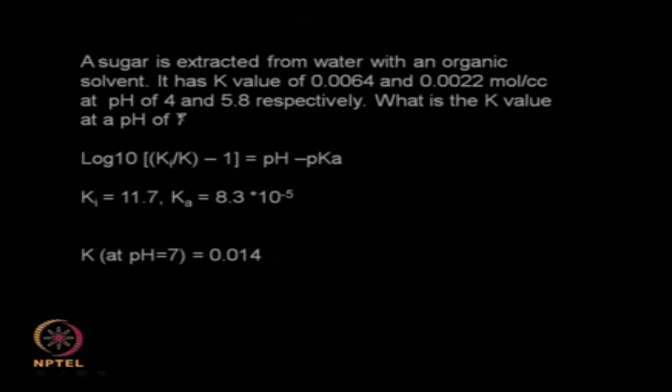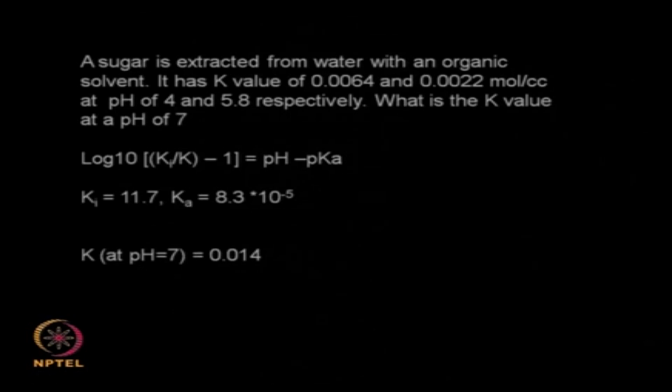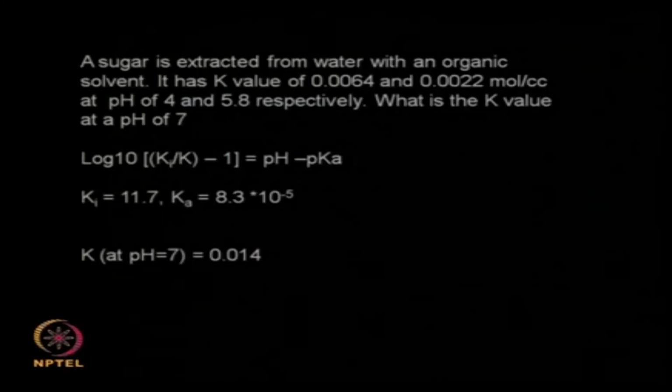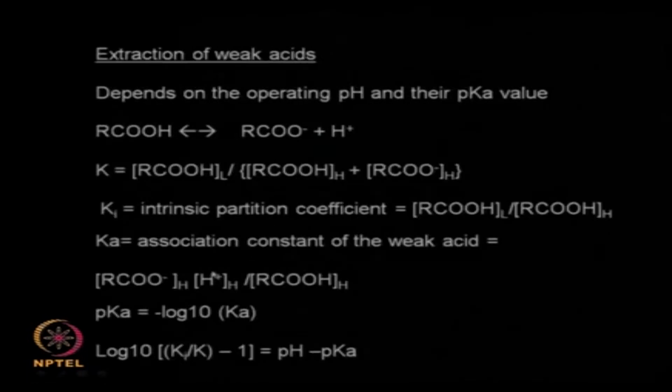So if the K value changes, that means if your partition coefficient changes, the efficiency of extraction also is going to change. So you need to identify the best pH where your K is maximum, so that your extraction is also very high. Okay. So all you need to do is substitute into this previous equation log 10 of (Ki by K minus 1) is equal to pH minus pKa.